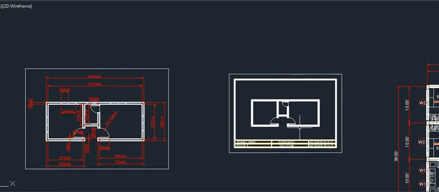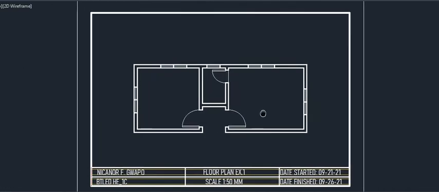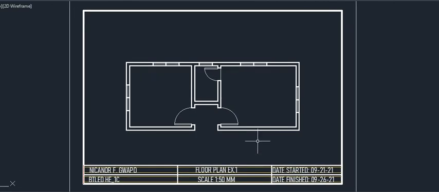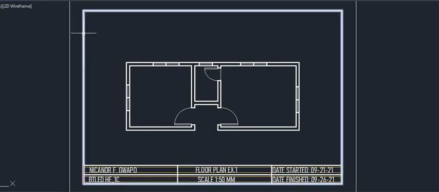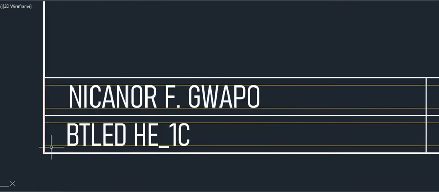So the expected output that you should have will be like this. You have the size of the paper, which is short bond paper, and then you have the borderline here, which measures 1.5 from the edge of the paper, and then 1 cm from the bottom line of the borderline.